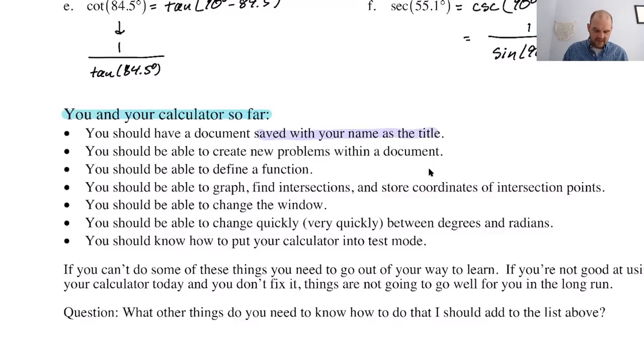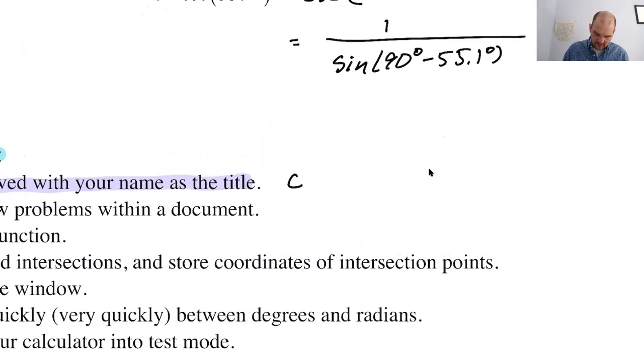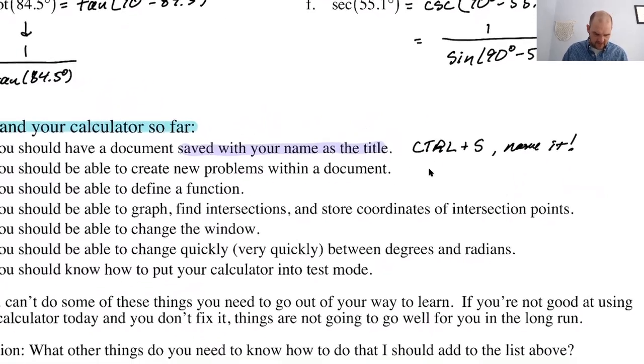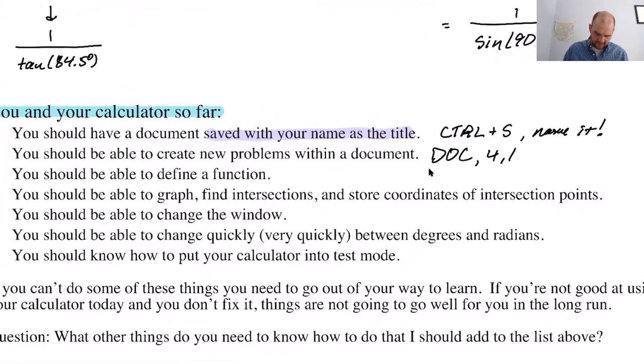To create a new document, should I tell you how to do this? This is Control plus S and name it. Create a new problem, that's a doc for 1. Define a function, f of x, and then it's colon equals.